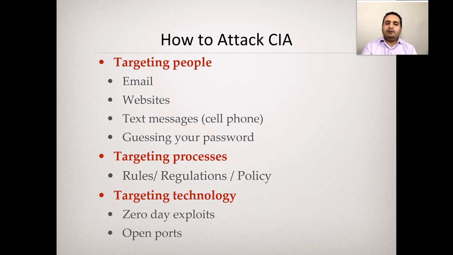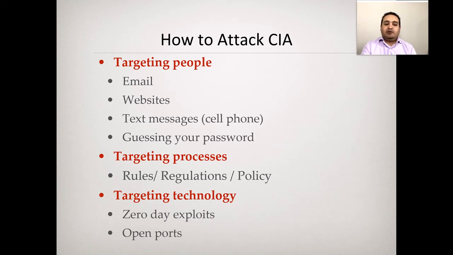Through people, the CIA of data can be interfered with, for example, through phishing email, or through fake websites, or through text messaging, the messages that you might receive that have viruses in them. Basically they make you click on those links in order to download malware, or they guess your password.